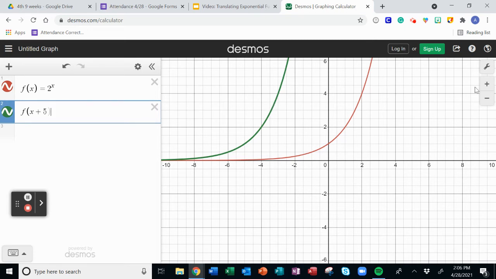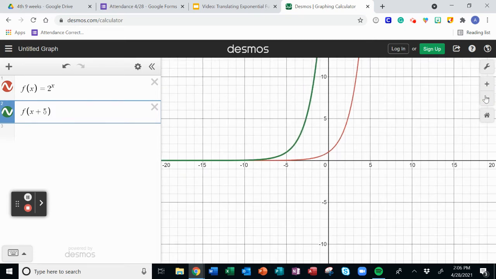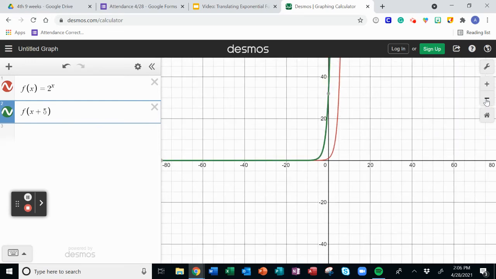So I'm going to zoom out so I can see all of it. And the question was, is there a new y-intercept? Yes, there is a new y-intercept. So let me zoom out so I can see it. The y-intercept for this one is 32.